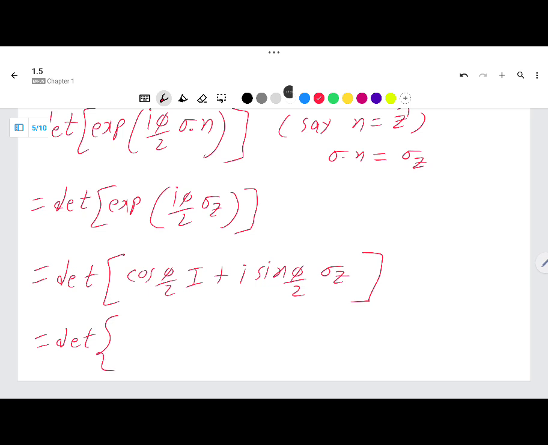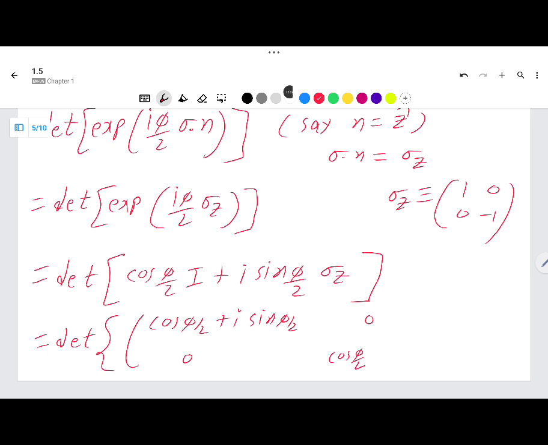And this cos phi by 2 identity plus I sin phi by 2 sigma z is defined as this: diagonal entries, with sigma z being 1 and minus 1. So it is cos phi by 2 plus I sin phi by 2, 0, 0, cos phi by 2 minus I sin phi by 2. And so one can easily check what this is.